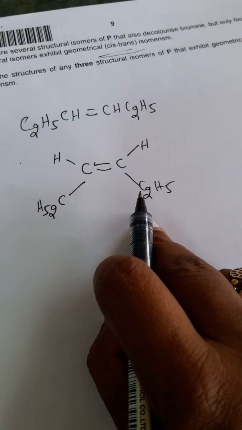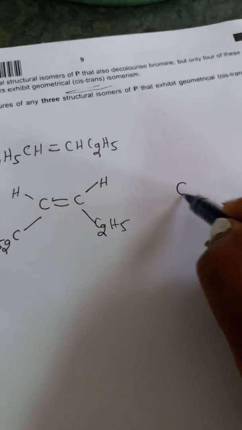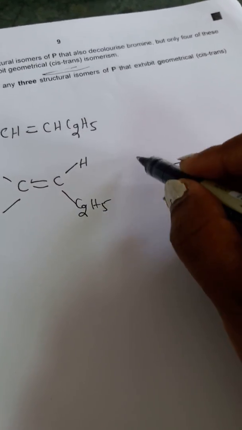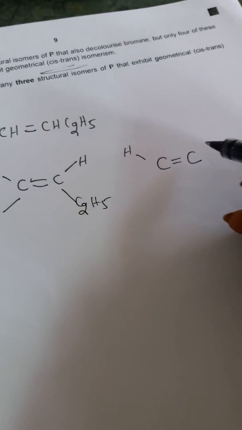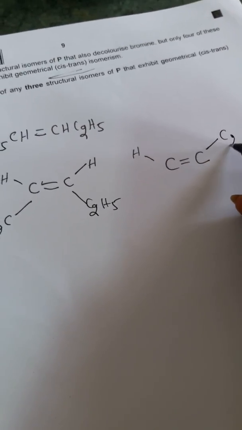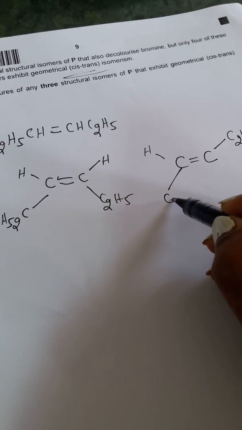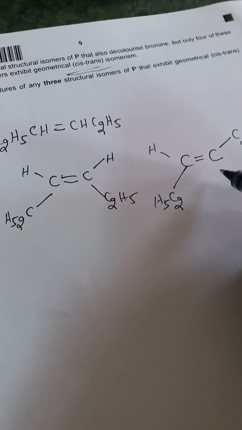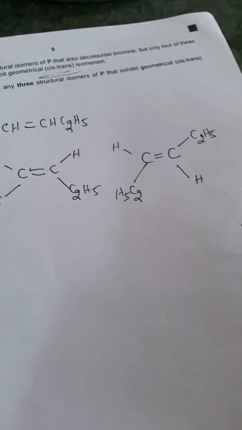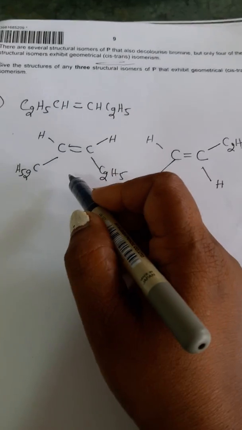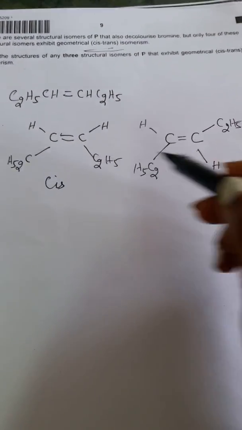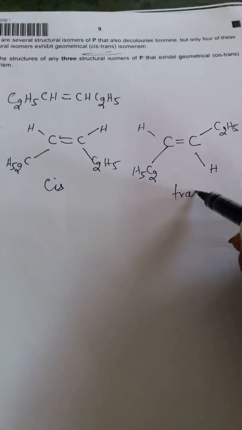This is cis. And then what is trans? Trans is carbon hydrogen, the simpler one over here and the complex one over here. And according to that, here the complex one and here the simple one. Okay. So according to this example, this is cis and this is trans.